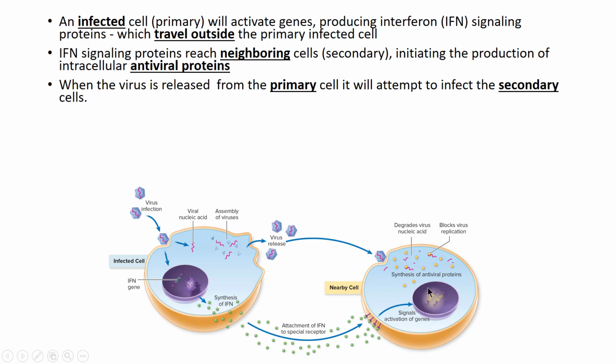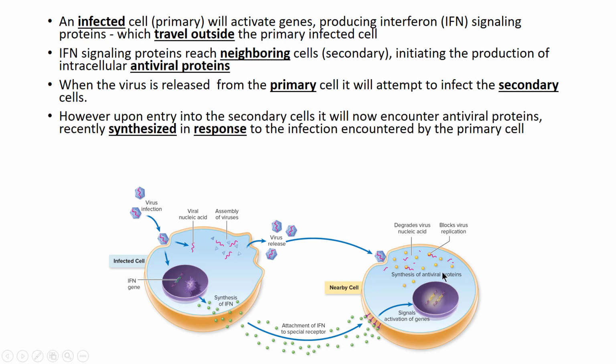The warning causes those cells to turn on antiviral protein synthesis. As a result, those newly synthesized proteins will destroy the virus if and when that virus comes into their cell. So all these cells exist nearby, and as soon as the virus exits the cell and tries to infect a new cell, this cell is prompted to respond differently.